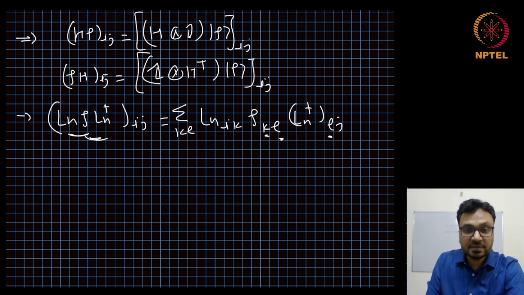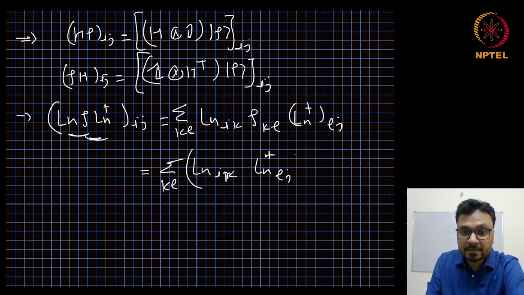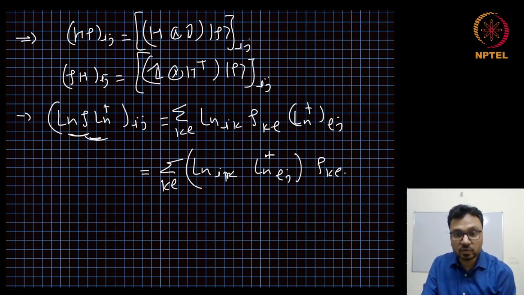In that way, we can take the product of three matrices, and this we can write as sum over kl L_n,ik L_n dagger_lj rho_kl. So rho_kl is there.